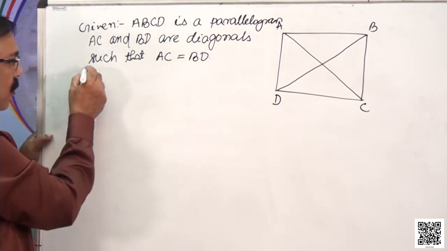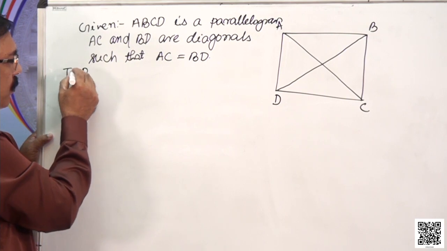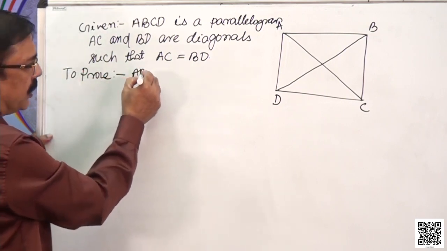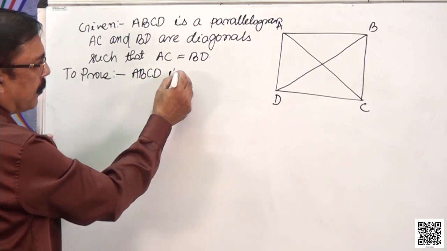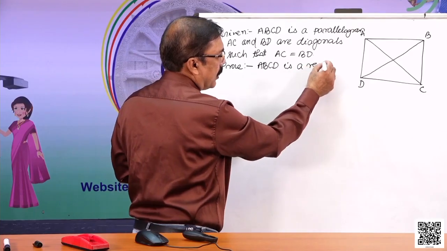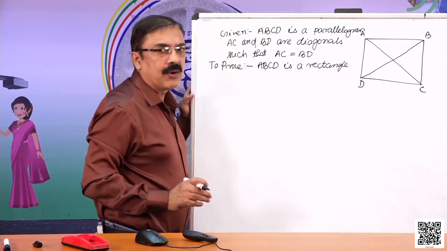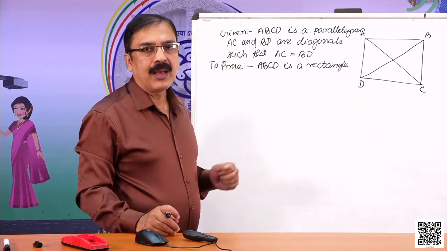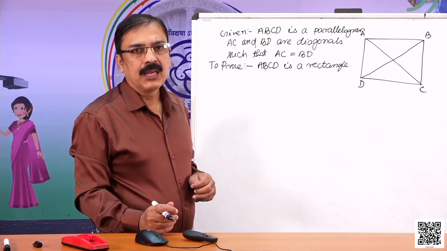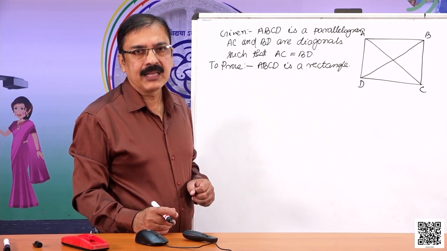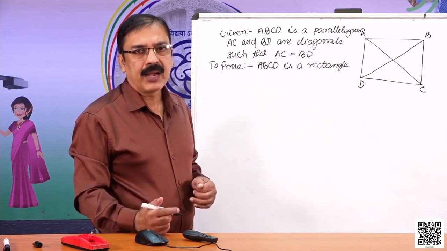Then what to show? We have to prove that ABCD is a rectangle. Then what is the condition for a parallelogram to be rectangle? If one angle of a parallelogram is 90 degree, then that will be a rectangle.